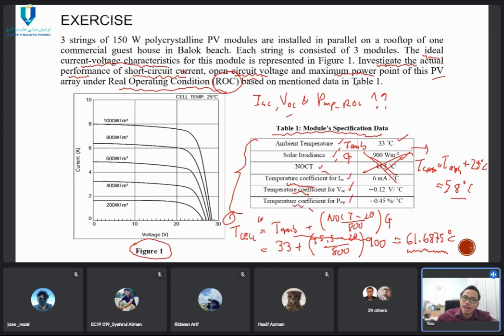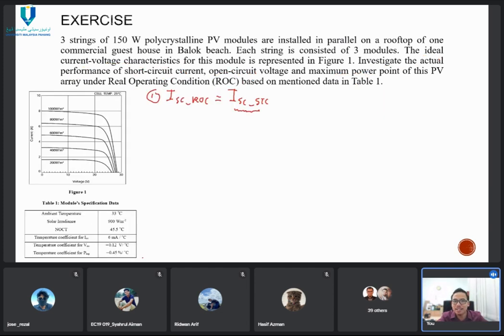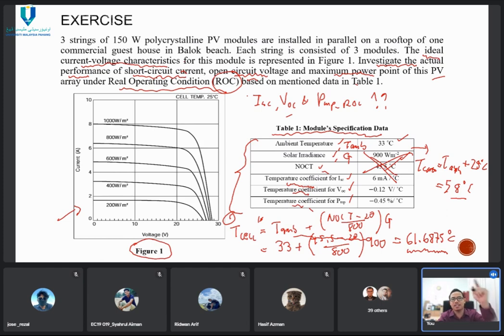But we give you another thing, which is the IV curve instead, this figure 1. There's meaning to the existence of this figure 1. Like I told you, we need to find the ISC, STC. How much is the ISC, STC?